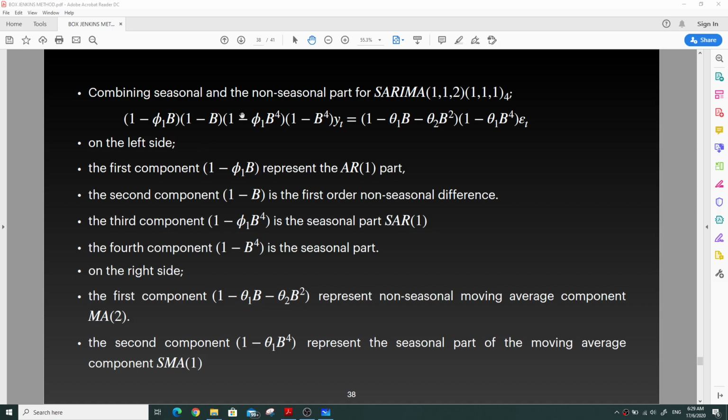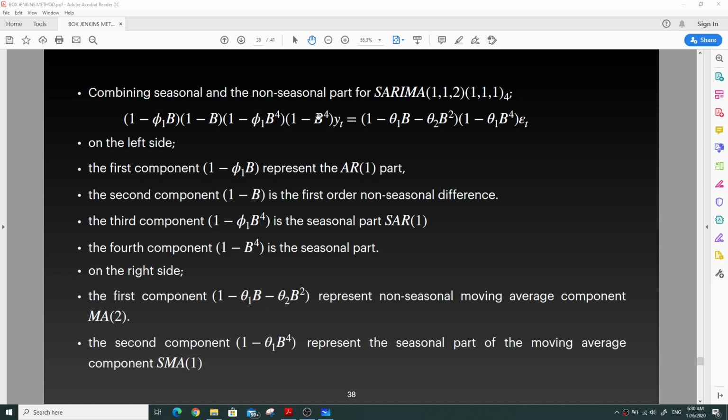So here, let's take a look at the left side first. 1 minus phi1 B represents the AR(1) part. 1 minus B here is the first order of non-seasonal differencing, because B here is without any power. The difference between non-seasonal and seasonal differencing is that seasonal differencing depends on what type of data we do the differencing on, quarterly or monthly.